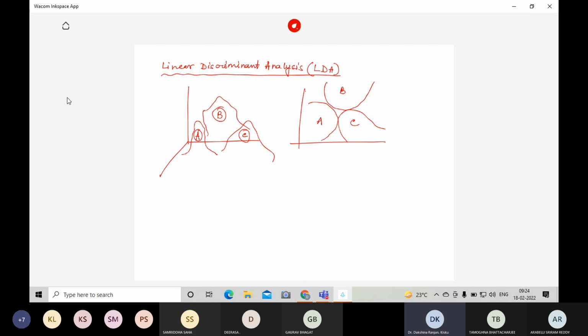In the last class, we talked about the model parameters, mean and covariance, that we use in the quadratic discriminant analysis model. Here also we initially assume that the covariance matrices of the class densities are equal. This is the first assumption.